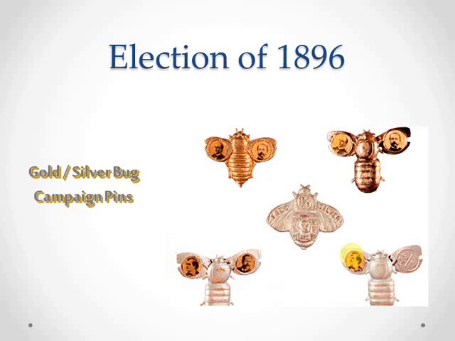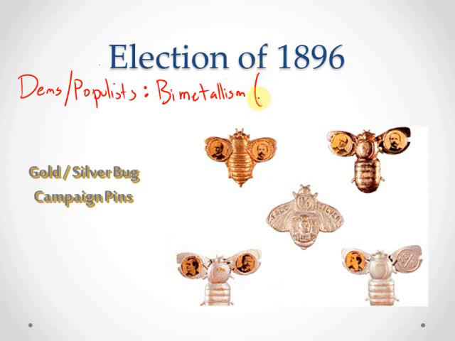In the election of 1896, two groups emerge. The Democrats and the Populists. These two parties believe in something called bimetallism. The idea behind bimetallism is that they support what? It's in the name. Metal. Yeah, but what about metal?